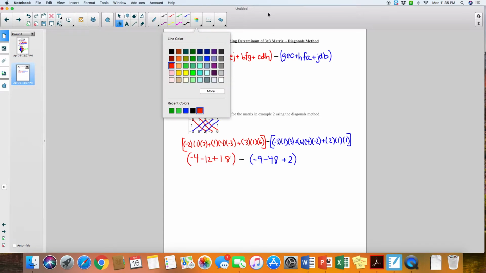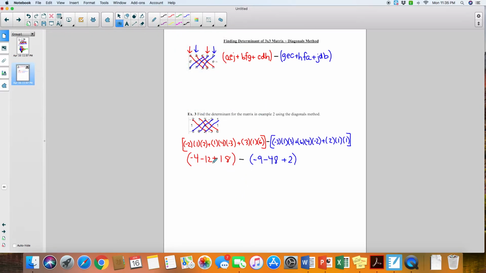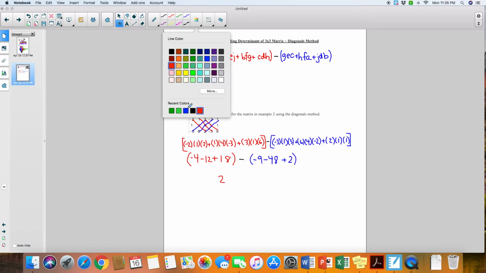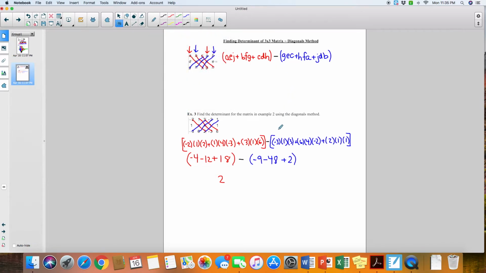So let's simplify a little bit more. I have negative 4 minus 12, which is negative 16. And then negative 16 plus 18, which is 2. Then negative 9 minus 48 would give me negative 57.